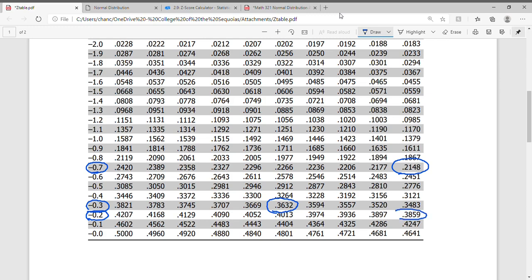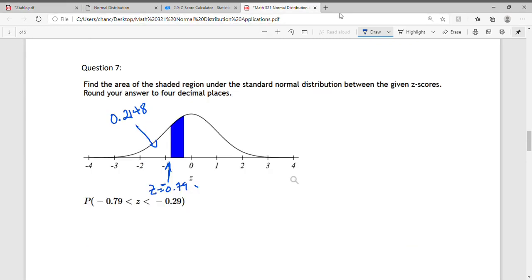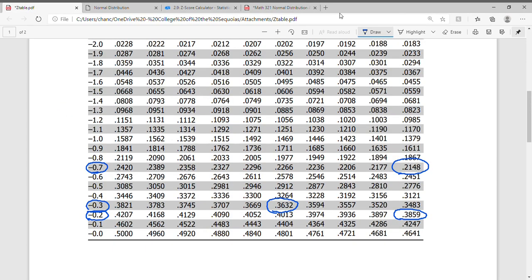So please use your z-table, find the same number, which is 0.3859. So our area is 0.3859. So the area to the left of z being equal to negative 0.29, from here all the way to the end, is again 0.3859.